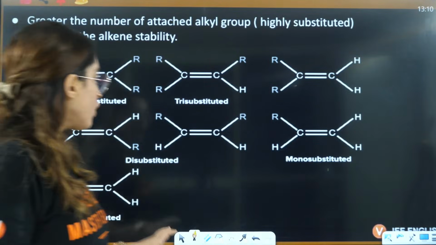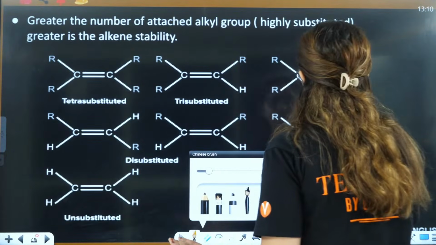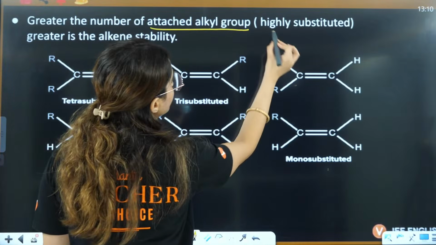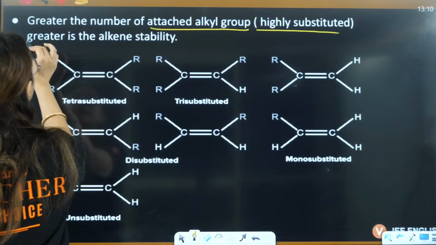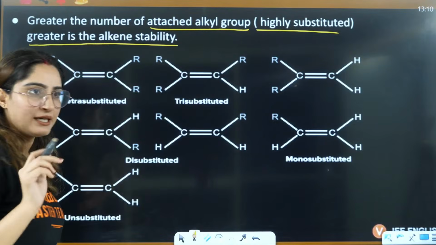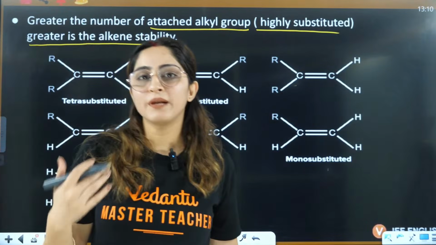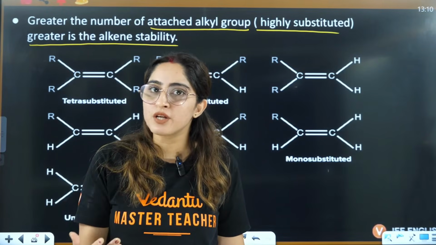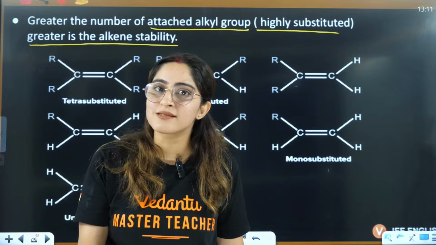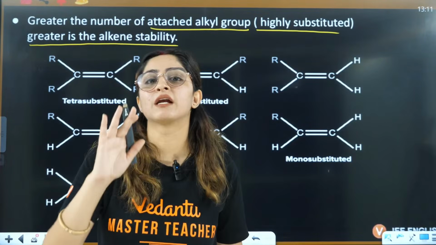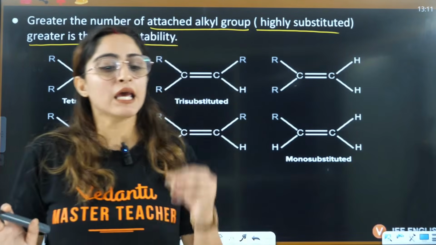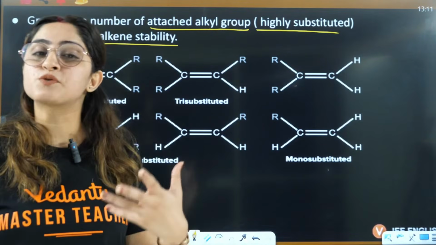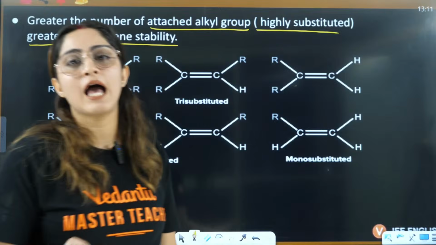So based on hyperconjugation, we apply the effect and tell which is going to be more stable. Now, when you talk about the greater number of attached alkyl groups, the more highly substituted, the greater is the alkene stability. That simply means more substituted means more alpha hydrogens, more hyperconjugating structures, more stability of the alkene. So directly you can say the more alpha hydrogens, or the more highly substituted the alkene, the more stability it will have.